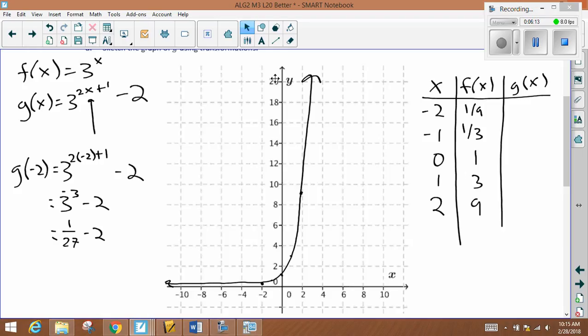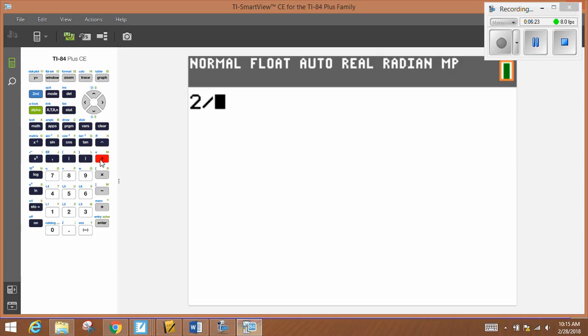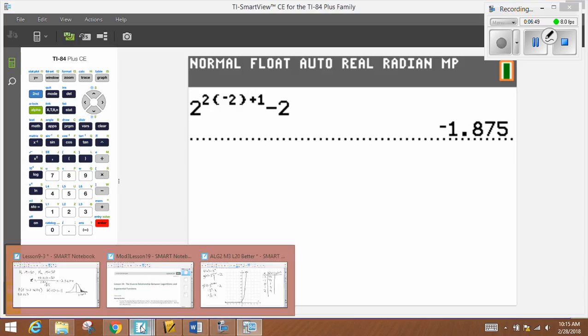There's no need for me to do all that work. So let's go ahead and just put this in my calculator. So I'll go to my calculator, and it was 3 to the 2 times negative 2 plus 1 minus 2. So I can just put that in, right? And it'll spit it out. It's negative 1.875. So we can put that in our table here.